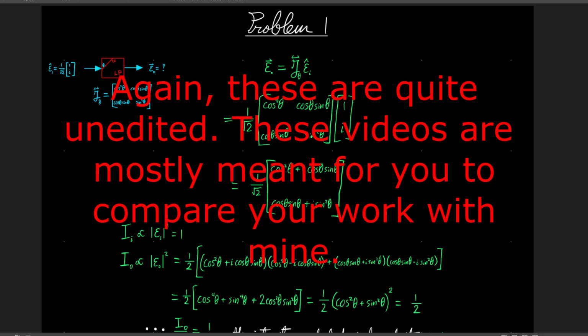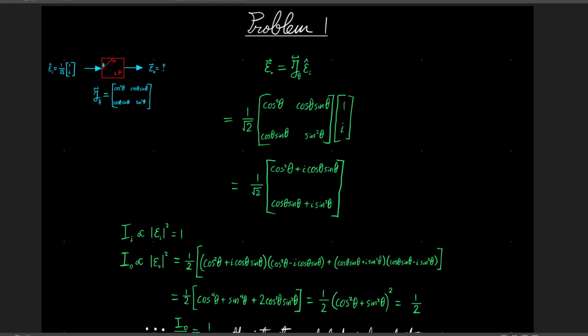The first problem was just asking you to find the change in intensity between the input and output vector polarization. Basically, you just needed to find the output polarization, which is done by multiplying the Jones vector for the optical element this problem used and the input vector, which was left circularly polarized.